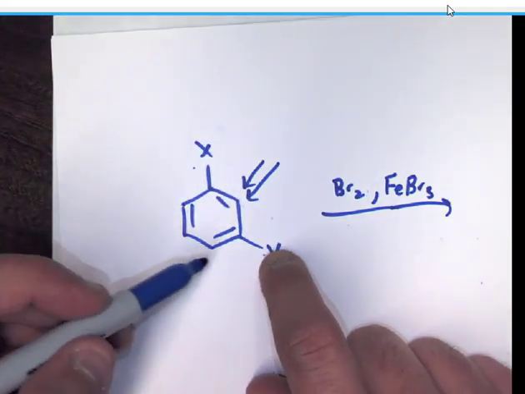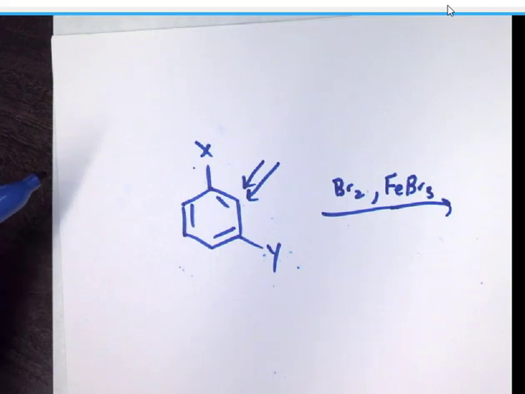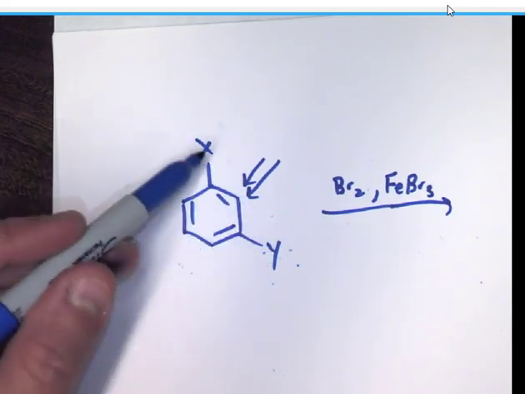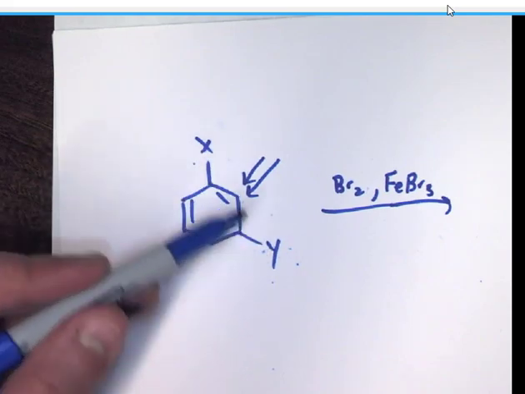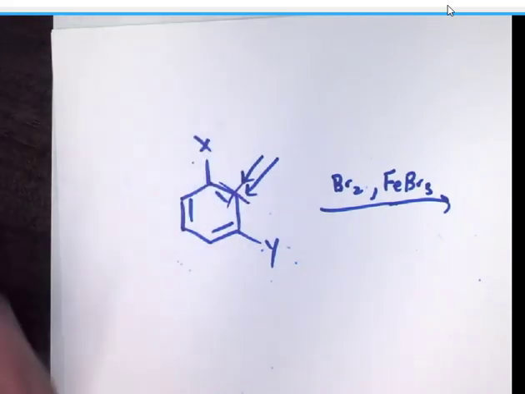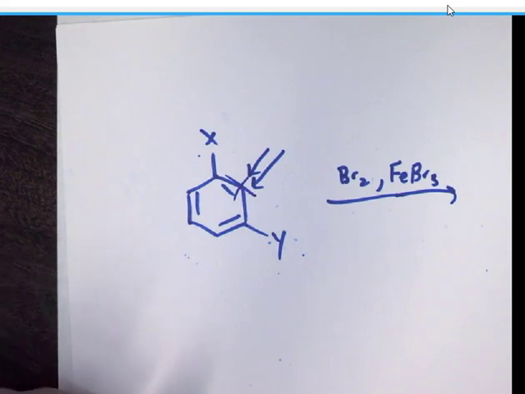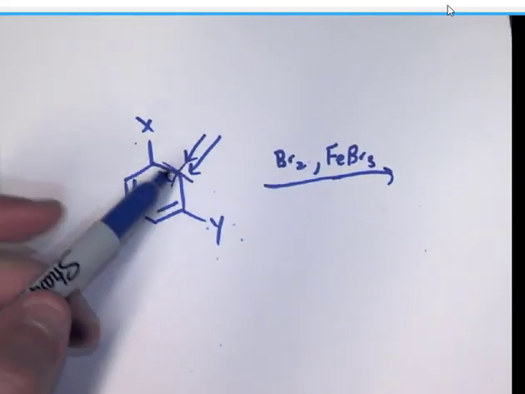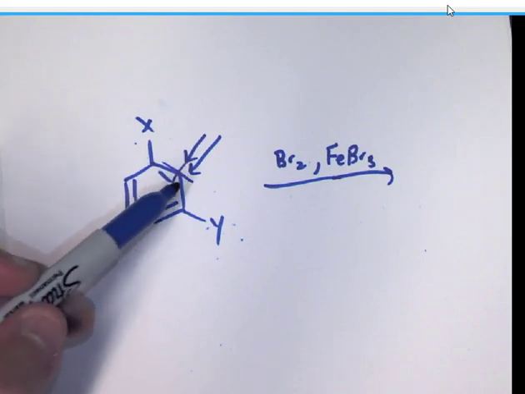So it's going to have to go to one of these other three positions. It's almost a guarantee that with a di-substituted benzene ring, nothing's going to go there. There may be an exception to that rule, but as a good rule of thumb, you can pretty much always ignore that carbon.